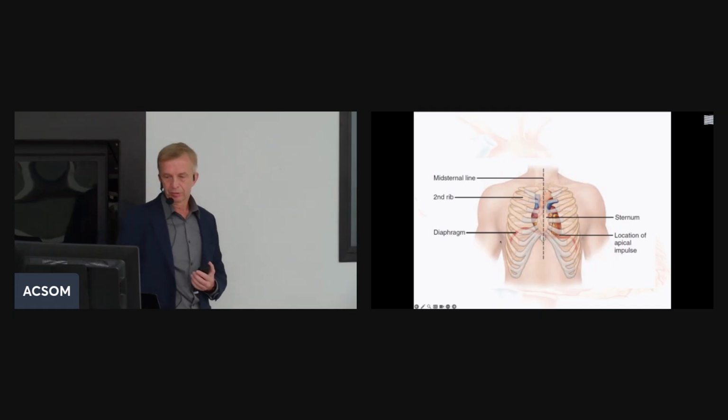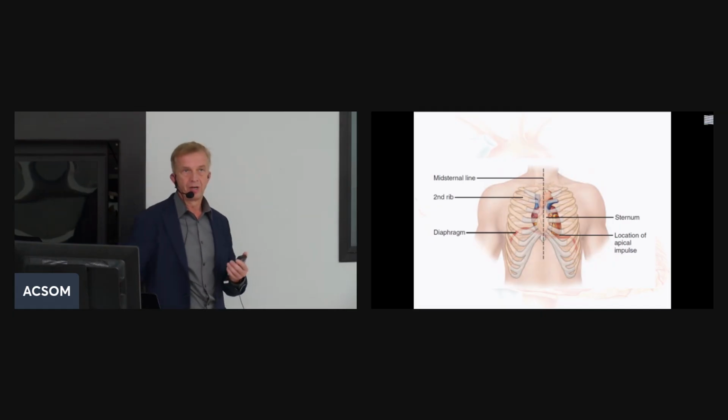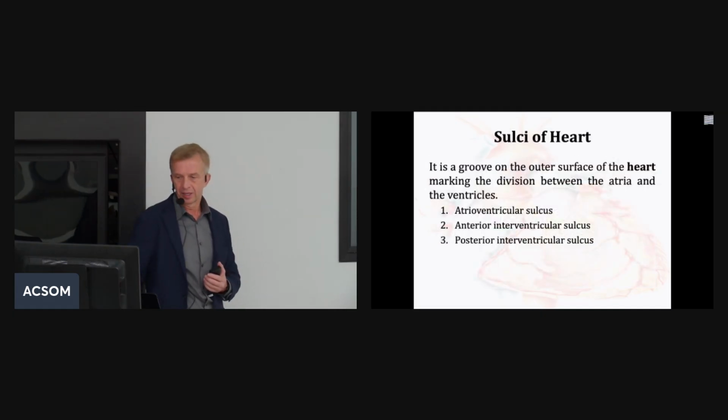Now let's talk about the sulci of the heart, which are the anatomical structures on the outer surface of the heart, like little grooves that are important because they carry the arteries and veins that supply the heart muscle. There are three main sulci.